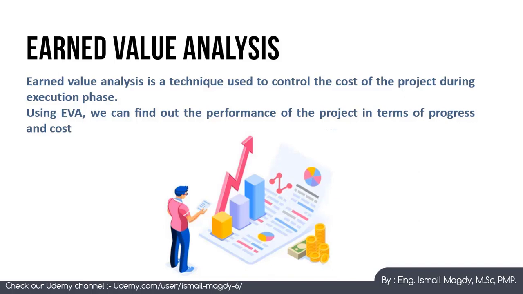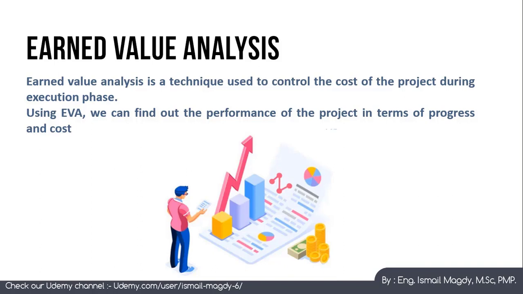So for example, in a fixed cost contract, the owner doesn't care about the financial performance of the project, because the contractor is obligated to finalize the project based on the agreed value anyway. While it is very important for the contractor in this case to assess the financial performance of the project, to find out if he is gaining money or losing money because of this project.